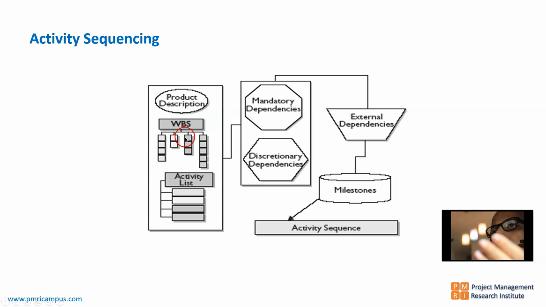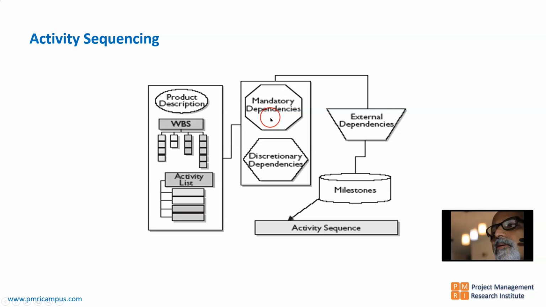The next step was we decomposed the scope into a work breakdown structure, and the next step is decomposing the work packages into activities. And then to this activity list, we superimpose the dependencies.